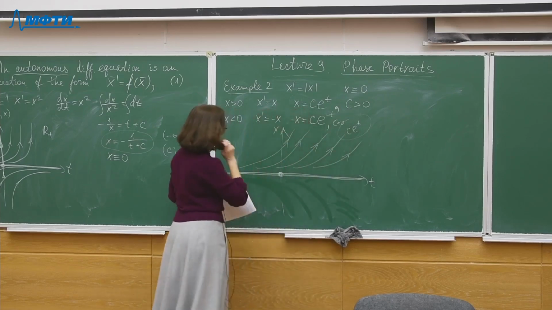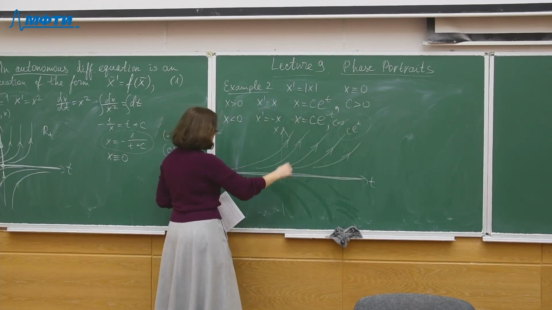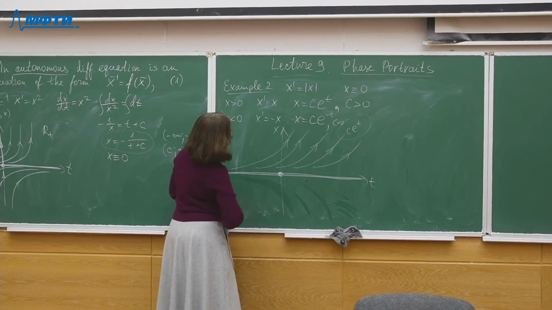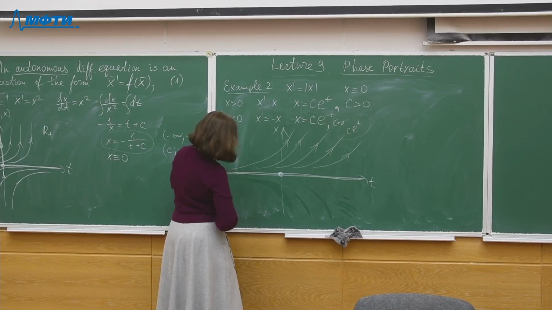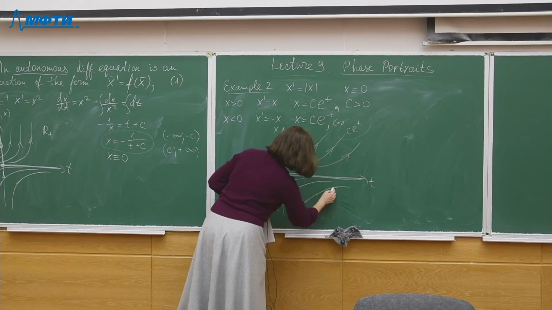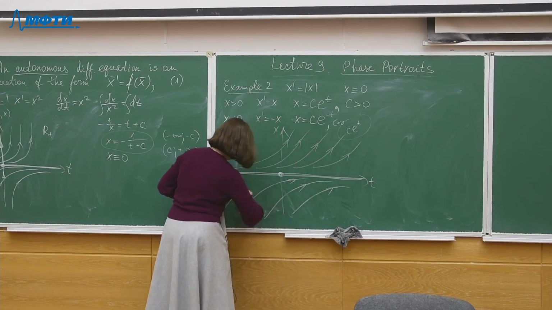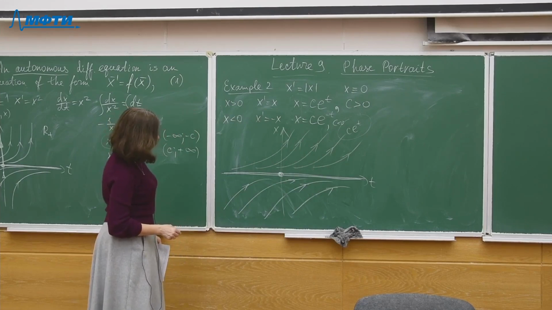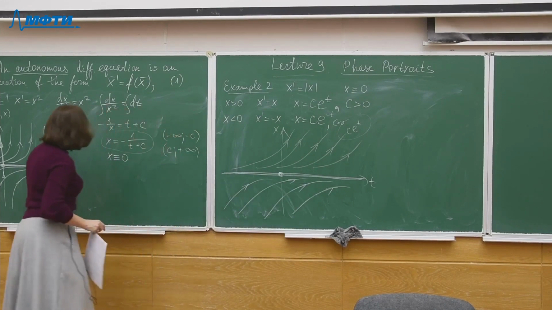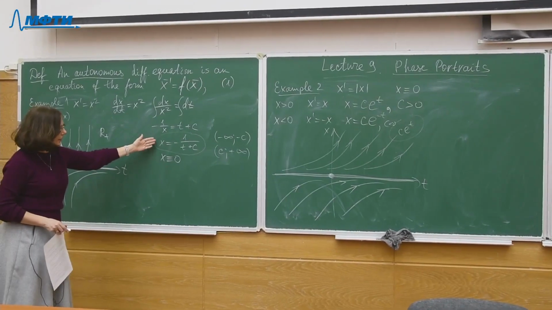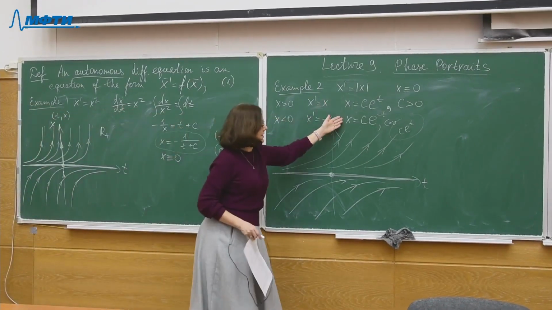For negative c, it will look something like this. Okay, so integral curves are different, because we have two different functions, this one and this.